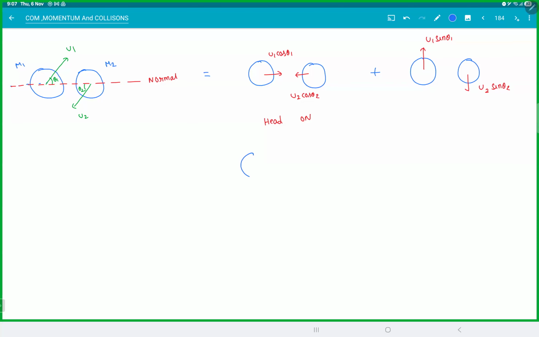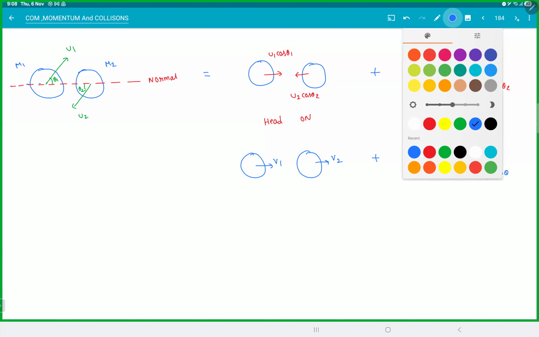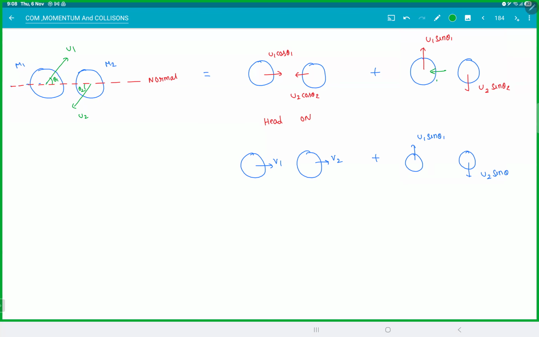So after collision, let the velocities be v1, v2. Conserve momentum, use restitution, find v1 and v2. In this process, these two components will not change. Why will they not change? Because during collision, the forces will be along the normal.